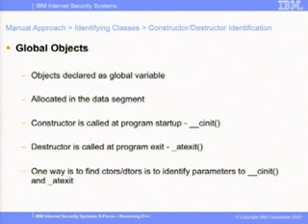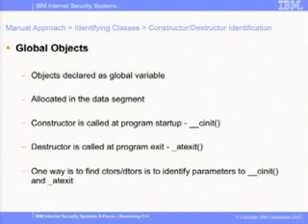For the global objects, these objects are declared as global variables, and they are allocated like all global variables in the data segment of the program. The constructor for global objects is called at program startup, and the destructor is called at program exit.